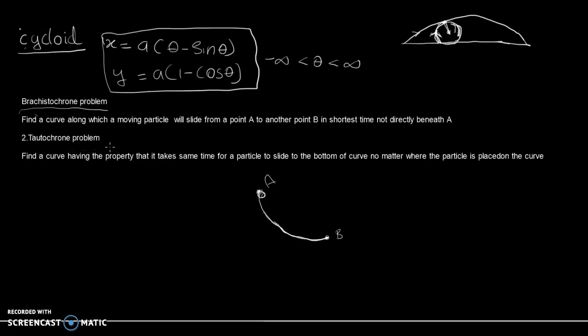Similarly, the tautochrone problem means find a curve having the property that it takes the same time for a particle to slide to the bottom of the curve, no matter where the particle is placed on the curve.